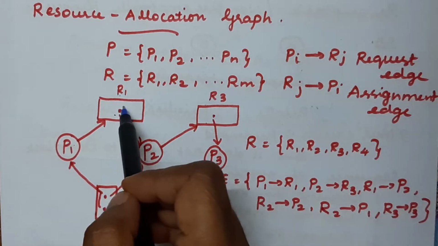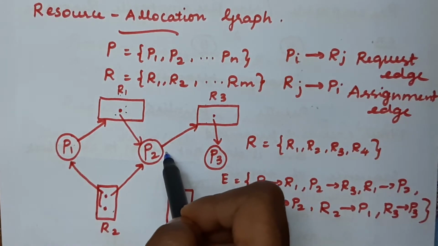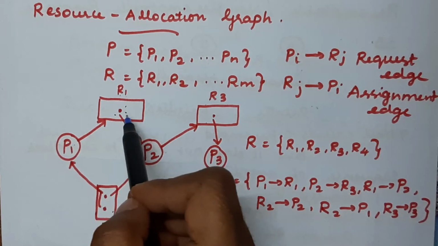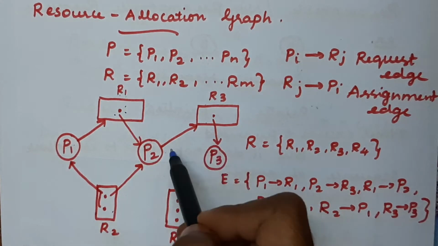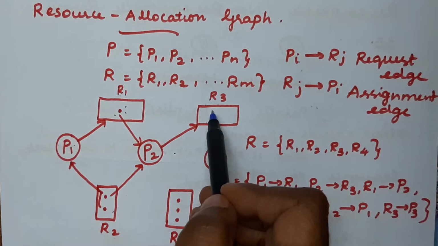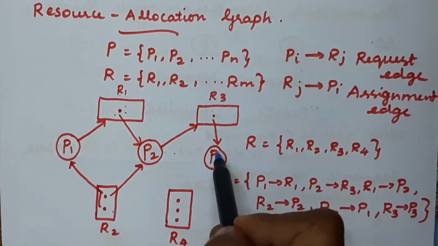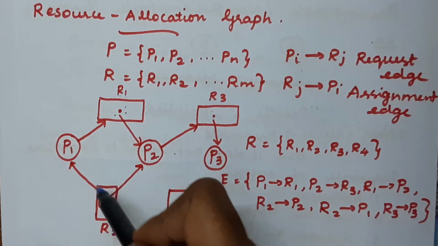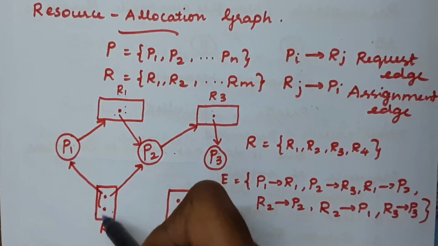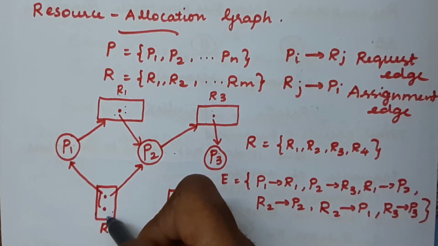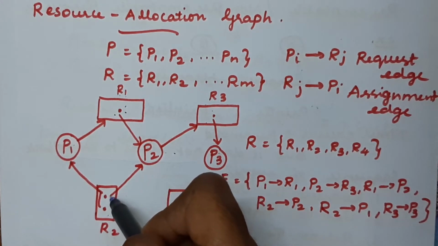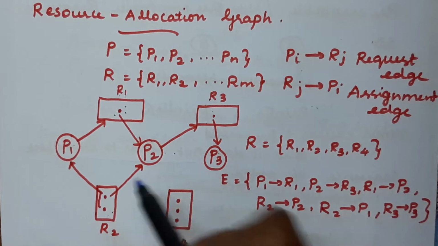Here, this particular resource has already been allocated to process P2, but P1 is requesting resource R1. P2 is requesting resource R3, but R3 has already been allocated to process P3. P1 has already got one copy of resource type R2, and P2 has also been allocated one copy of resource type R2, right?